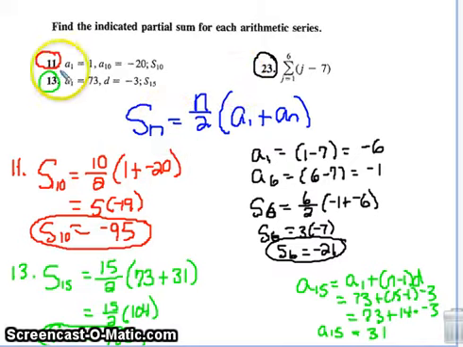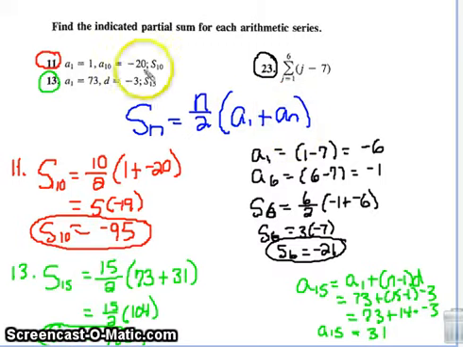All right. 11, 13, and 23, we're using this formula right here that our sum is n over 2 times a1 plus a_n, or the number of terms divided by 2 times our first term plus our last term. Does that make sense?